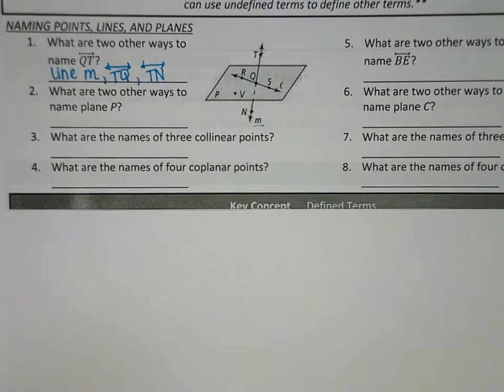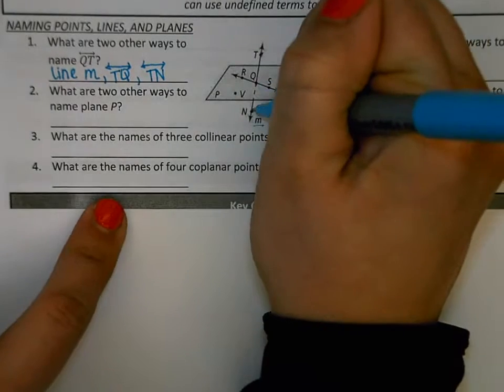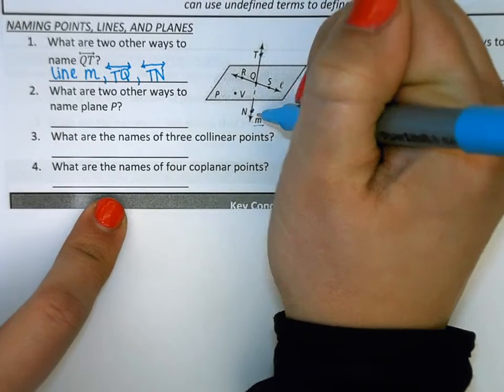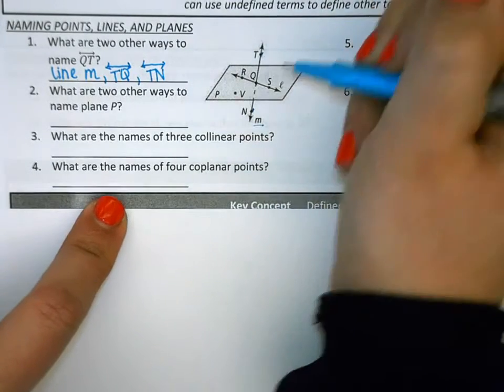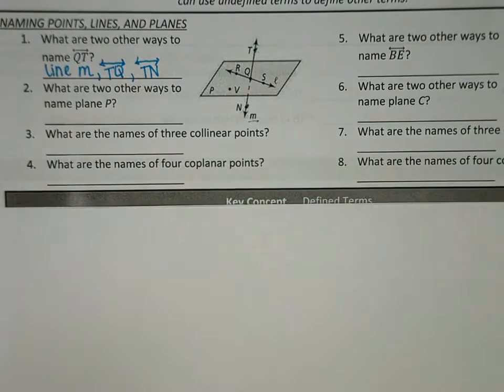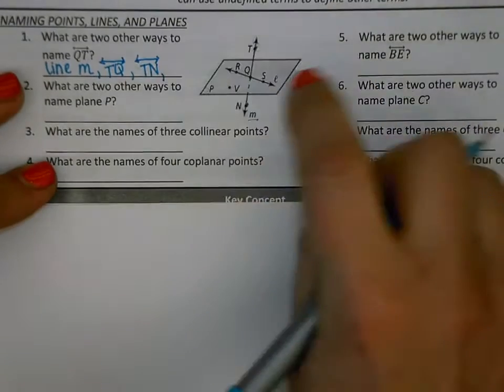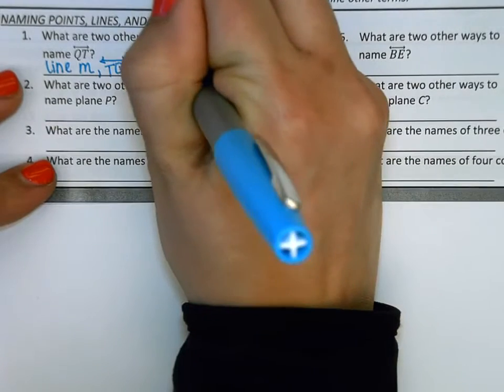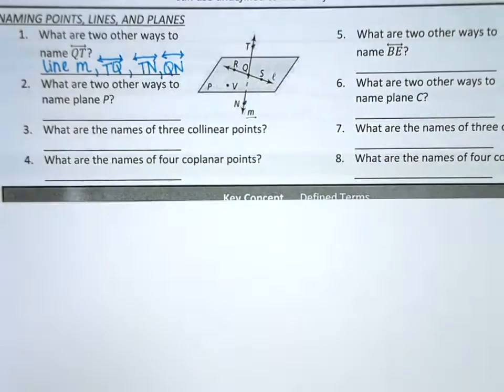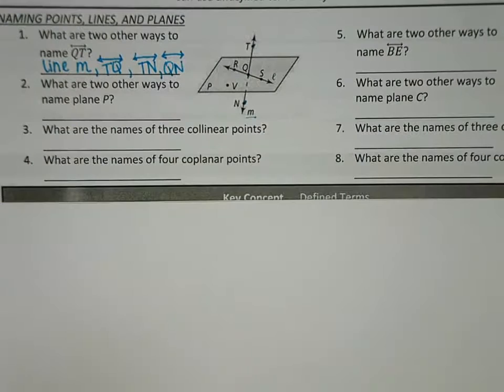Could I use line NT? Okay. What about QN? Could I use Q and N? Yep. What about NQ? Yeah, there's a whole bunch. I'm going to use QN also, just to give you some options. So there's a whole bunch of ways you can rename lines. You can use any points on the line to name it.